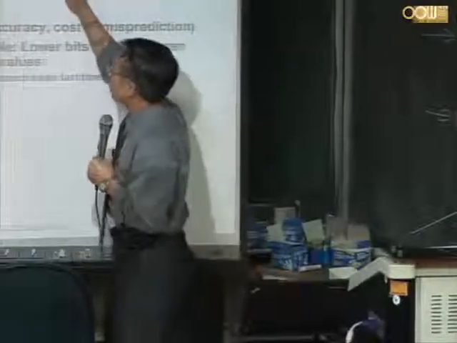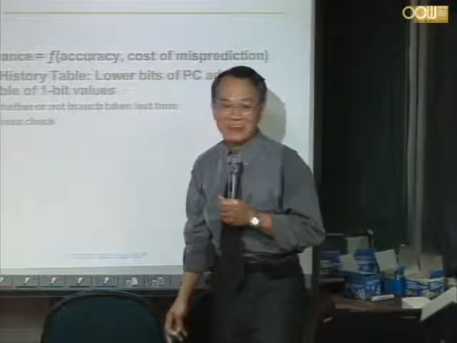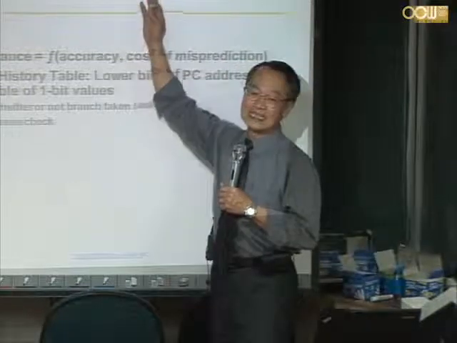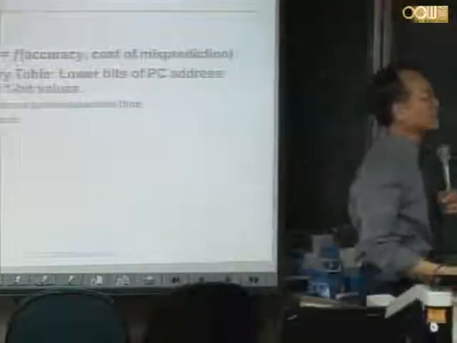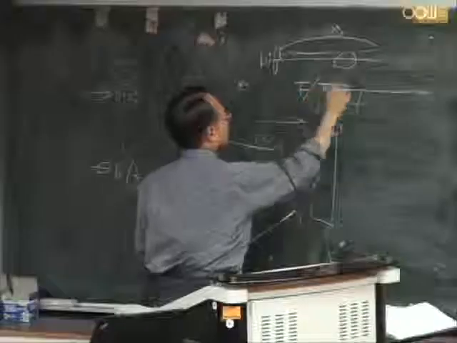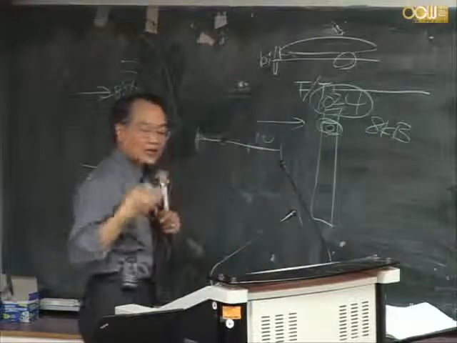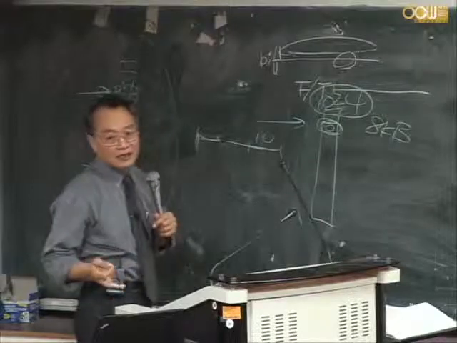When we talk about dynamic, then this table better not be in the main memory. Okay, usually it's right in the CPU. And the CPU can tolerate a table of maybe 8K bytes, maybe okay. But bigger than that, maybe no way.